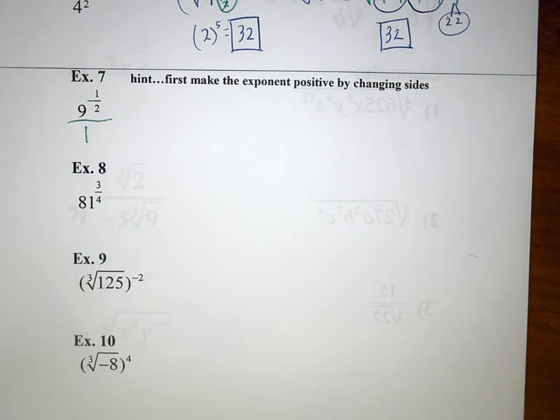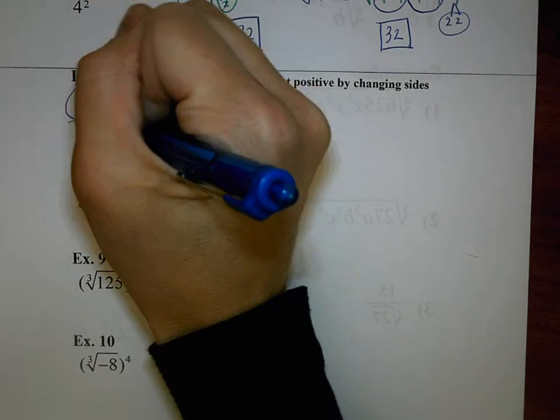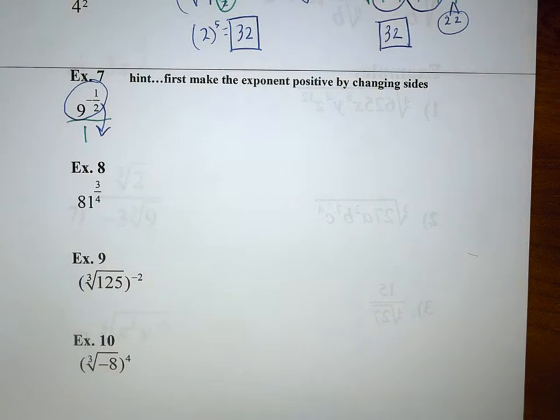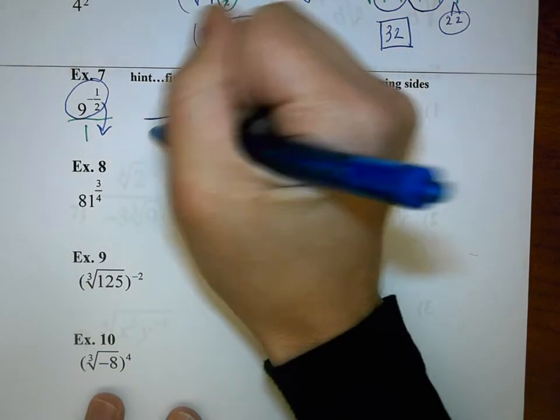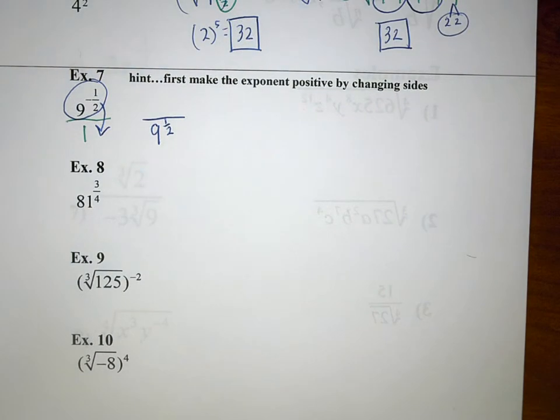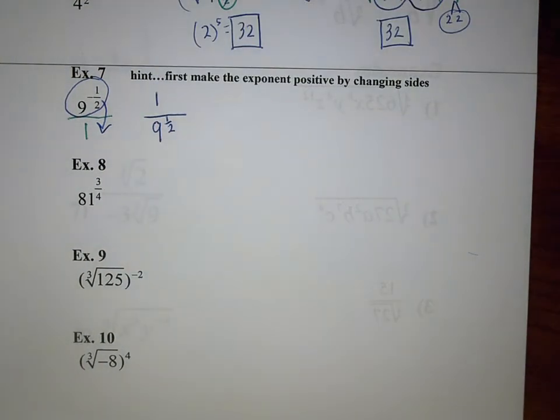If you have a negative exponent, what do we do? Good. We take this whole thing, because this whole thing is being raised to the negative exponent, and we bring it to the denominator. So I'm going to have 9 to the 1/2 power, and if nothing is left on top, what's there? A 1. Then how can I rewrite 9 to the 1/2 power? 3.